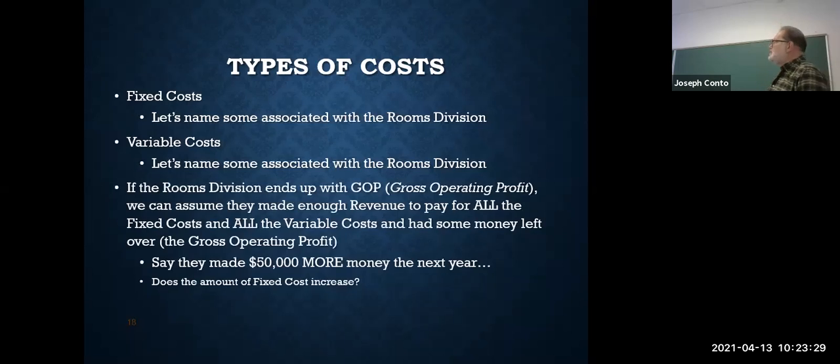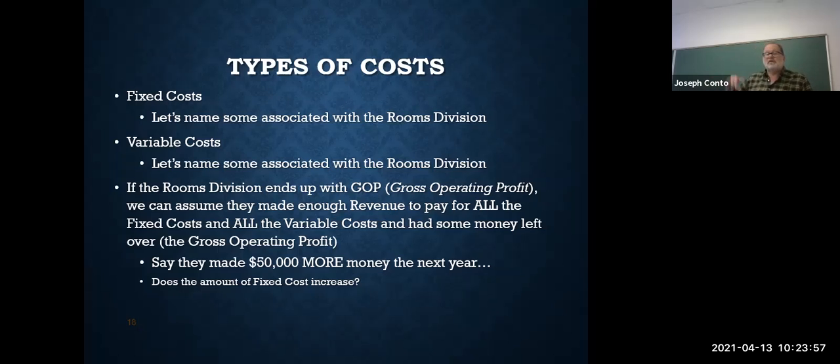Well, here's the deal. This is the concept. Let's see if we can let this one sink in. If the rooms division ends up with gross operating profit, meaning after we pay for all our controllable expenses we have some money left over, then we can assume that the rooms division made enough revenue to pay for all the fixed costs and all the variable costs and have a little bit of money left over, right?